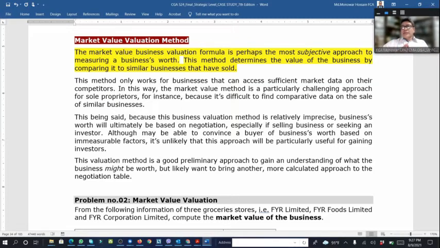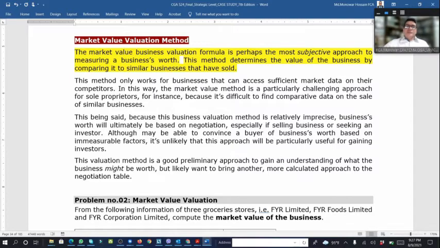For example, at this moment, if the share is selling at taka 20 per share, with 10 taka face value, then 20 multiplied by the number of shares outstanding gives the market value. So we can easily calculate the value for a listed company.